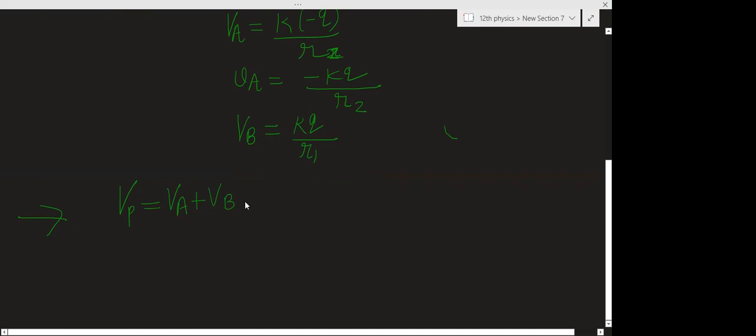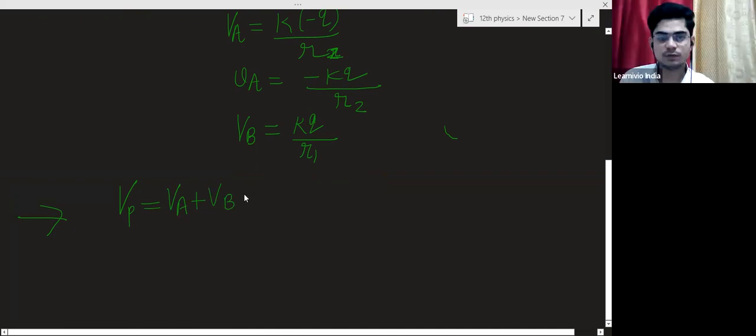We can add the potentials directly without considering the direction. So this will be minus KQ divided by R2, and this will be KQ divided by R1.